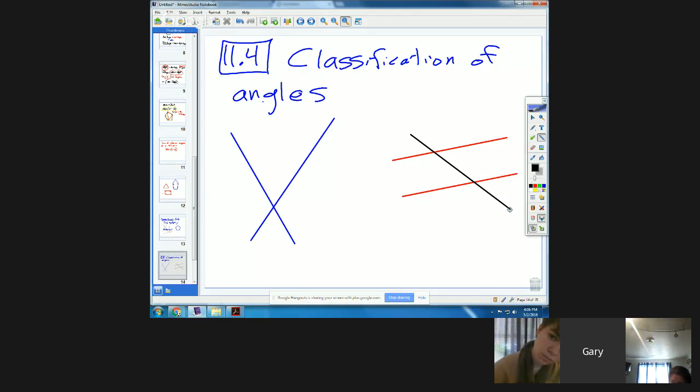Okay, so one type of relationship here, and you can kind of see some symmetry when we have 2 intersecting lines. So let's look at the blue case first. So in the blue case, this angle right here, let's call that angle A. And this angle right here, let's call that angle C. They're the same angle.